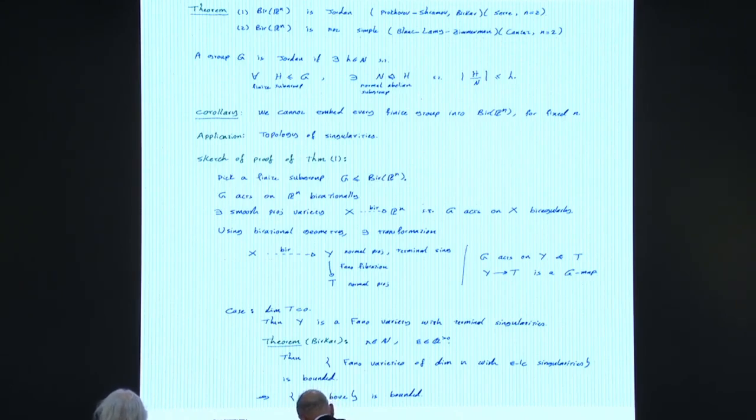Maybe first I tell you a couple of things. One of the corollaries of this statement is that you cannot embed every finite group into one of these groups. That was one of the open questions in this area. Can you embed every finite group into this birational automorphism group of dimension 3, for example? That was not clear until these statements were proved.